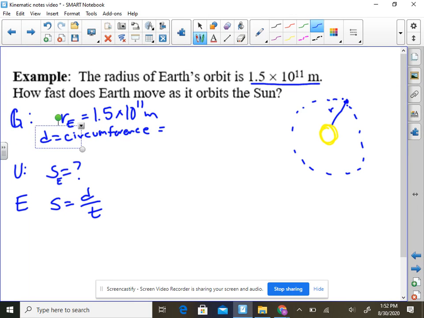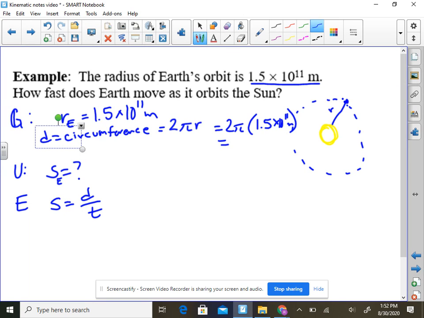How would I find the circumference of this circle? If I know 2 pi r is a circumference, I'm given the radius, I know pi, I can easily find the distance the Earth travels. And so 2 pi times 1.5 times 10 to the 11th meters is the distance.